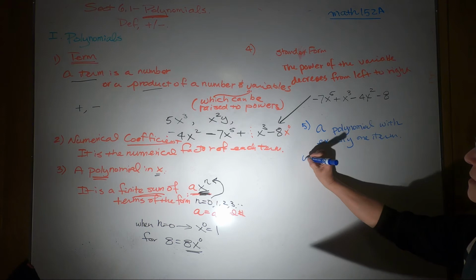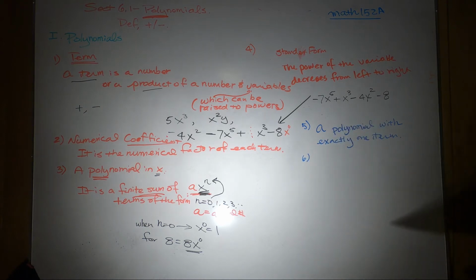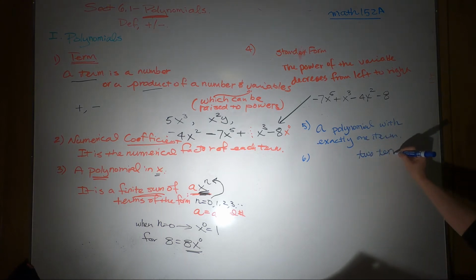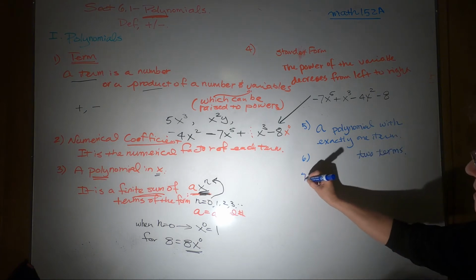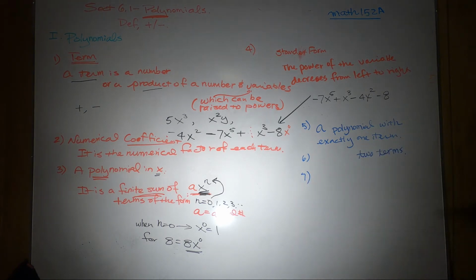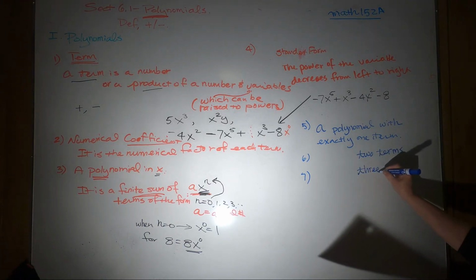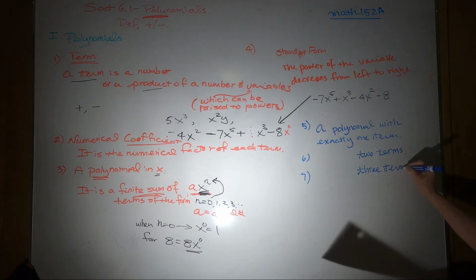That would be monomial. For binomial, what do you think? You would be with 2 terms, right? We use this quite often, okay? So trinomial would be what? Tri means 3. So that would be with 3 terms.